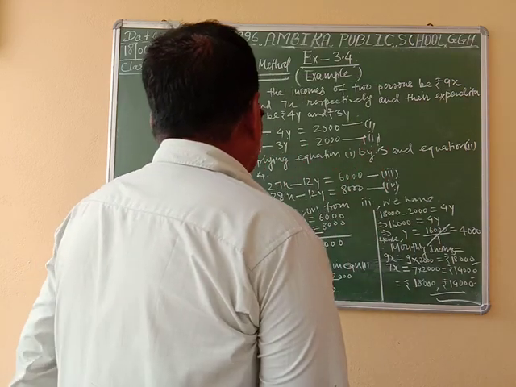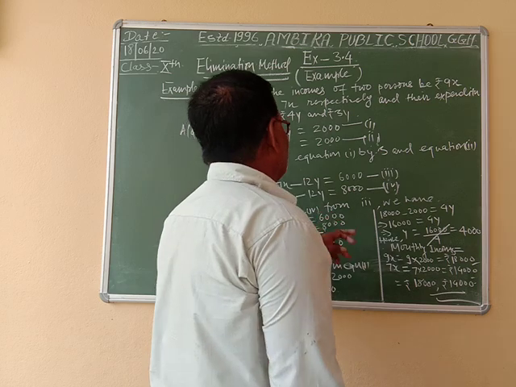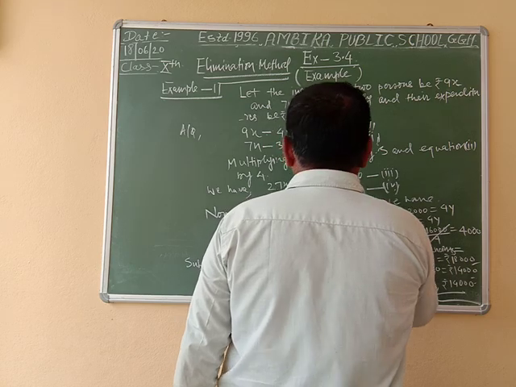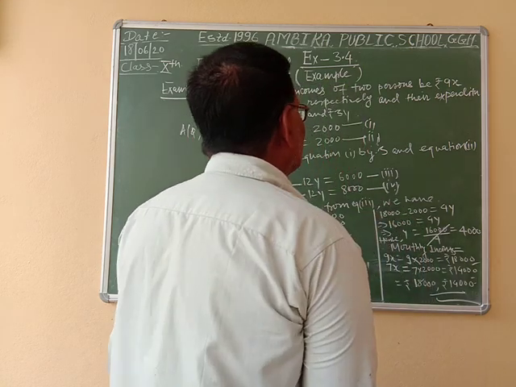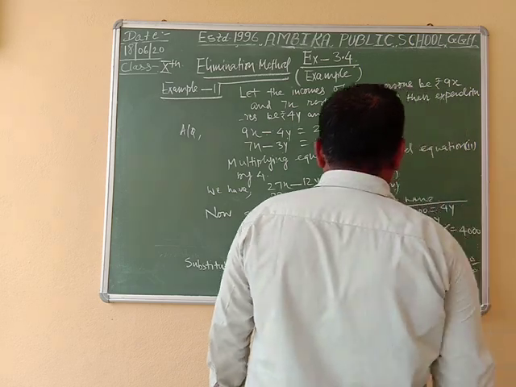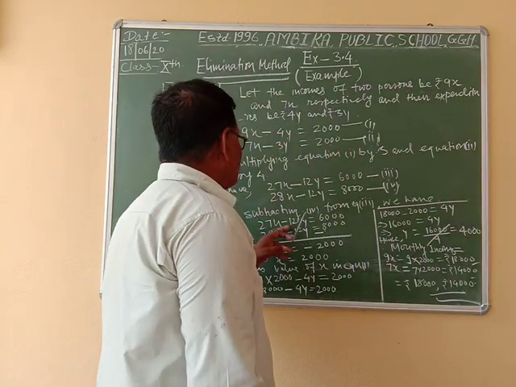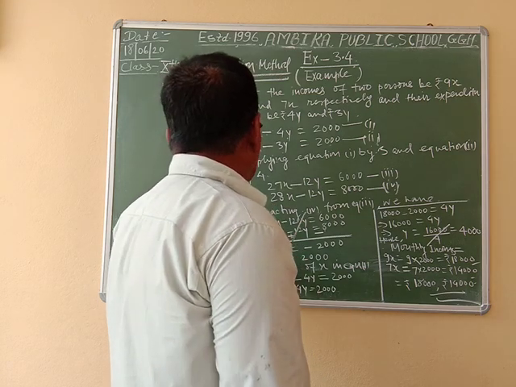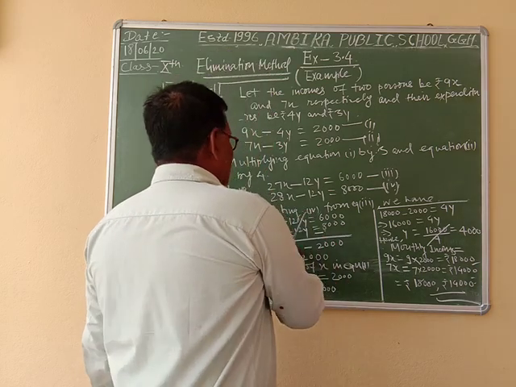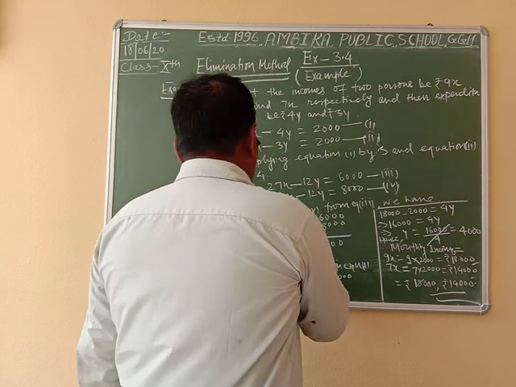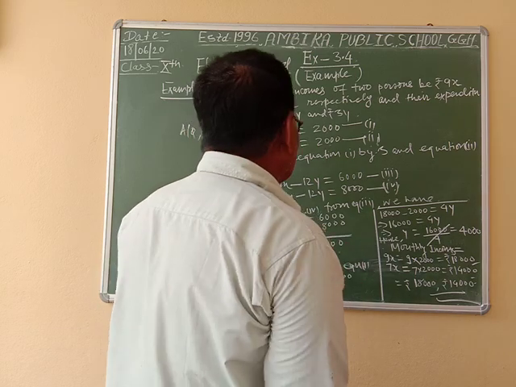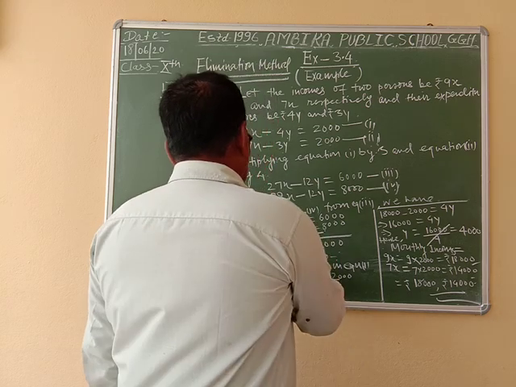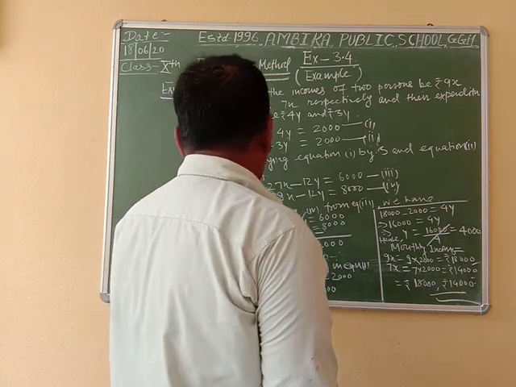Now subtracting equation 4 from equation 3, we have 27x minus 12y is equal to 6000, 28x minus 12y is equal to 8000. On subtracting, we have minus x is equal to minus 2000, therefore x is equal to 2000.